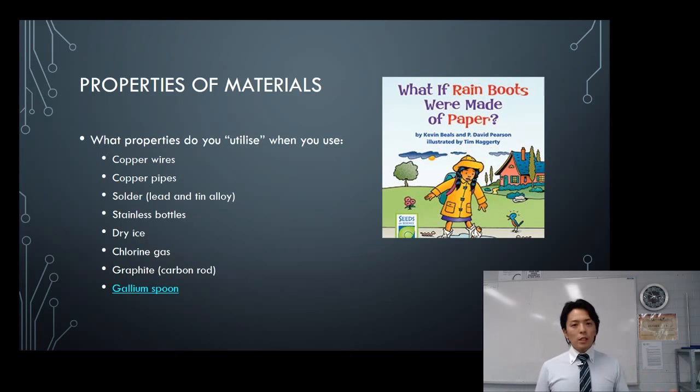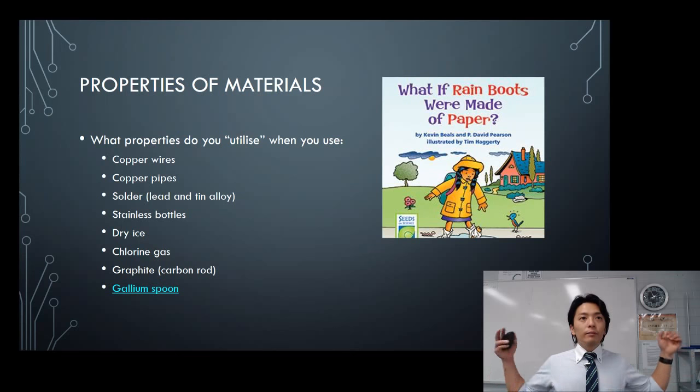Dry ice: what's the property we are utilizing? Crawling ice: what's the property we are utilizing to, say, purify water? Graphite or carbon rod: what do we utilize to get metal out of a solution of metals, like copper? We do what's called electrolysis using a carbon rod, graphite that is. Or what's the property of a gallium spoon? You can watch the video by clicking the link.